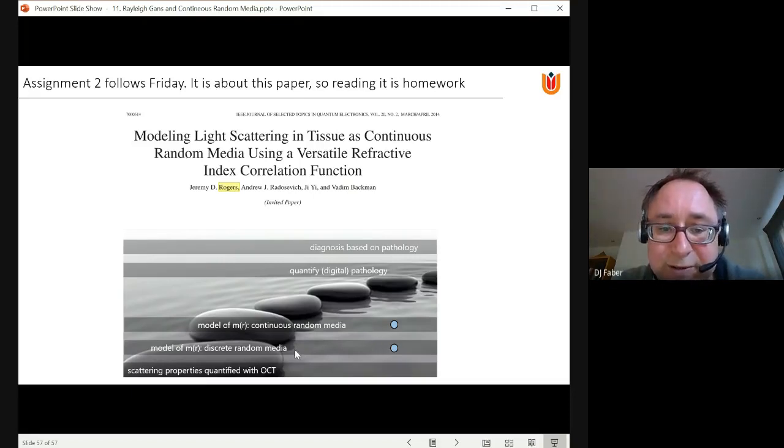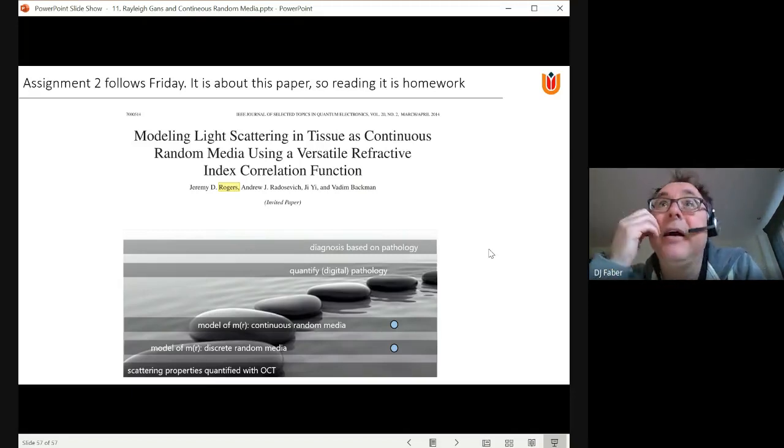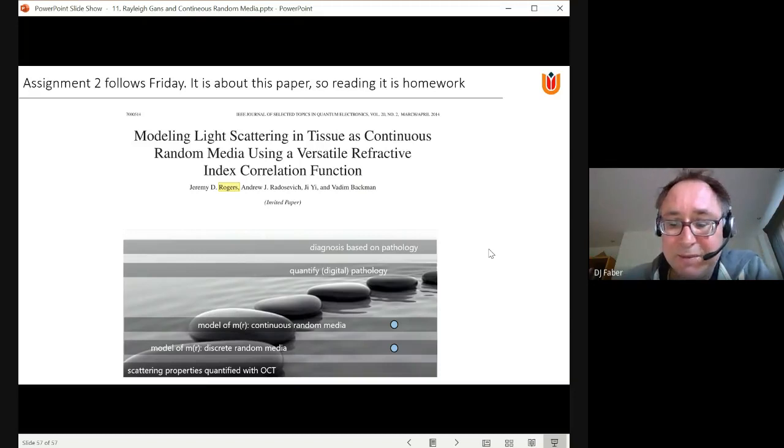Once as a discrete random medium, like we have done, or almost like we have done, and once using this new formalism. I hope that with what we have discussed today, you have enough background to go through this paper. That is basically the first thing that I want to see.